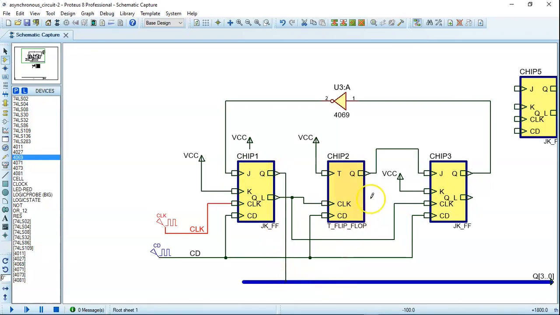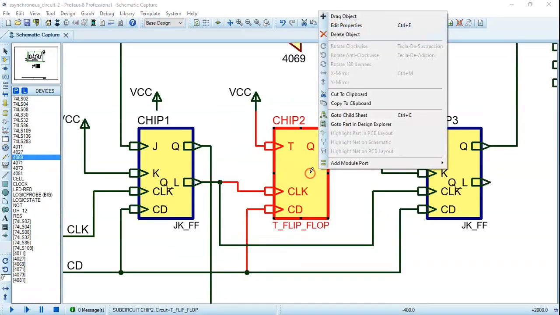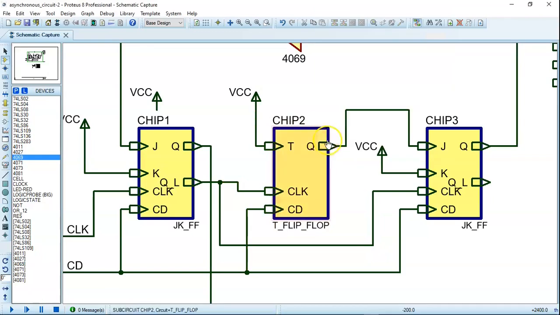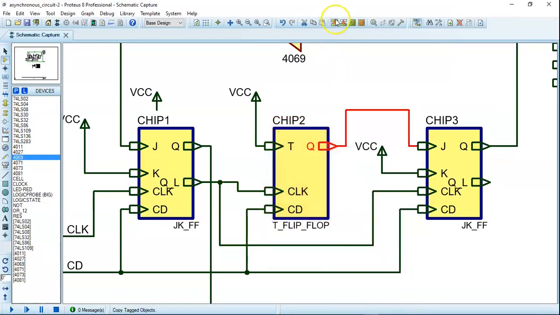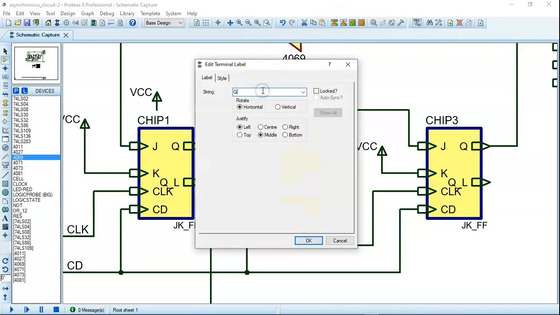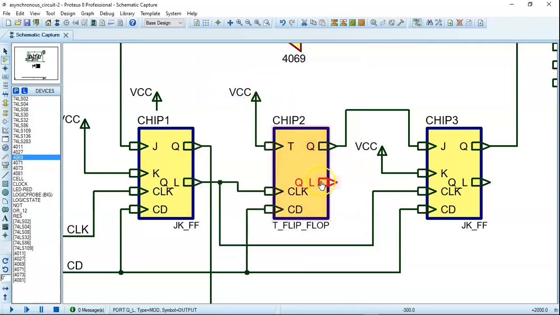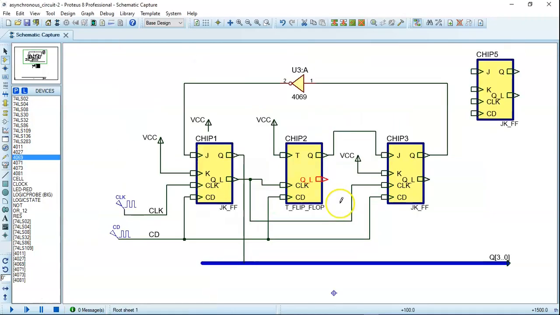So you connect this to the bus. Okay, this T has to have as well the Q naught, I see. So you copy this and you rename it QL, and now you connect that to the bus.